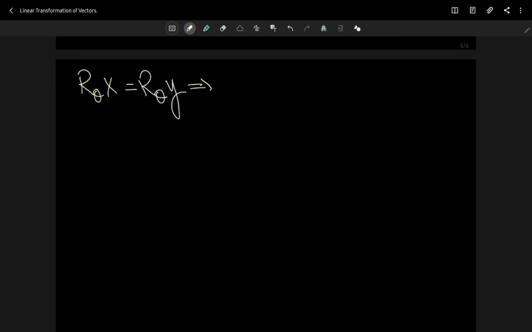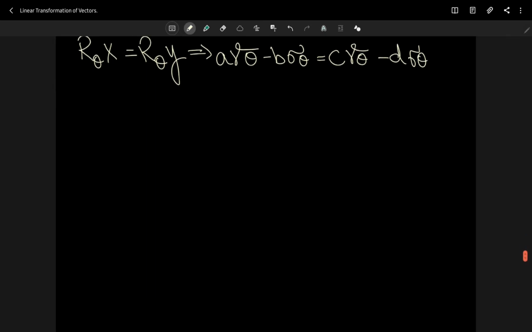If we do that, r theta on X is equal to r theta on Y. What does that imply? That simply tells you that A times cosine theta minus B times sine theta is equal to C times cosine theta minus D times sine theta. And the other expression would be A times sine theta plus B times cosine theta, which is equal to C times sine theta plus D times cosine theta, right?